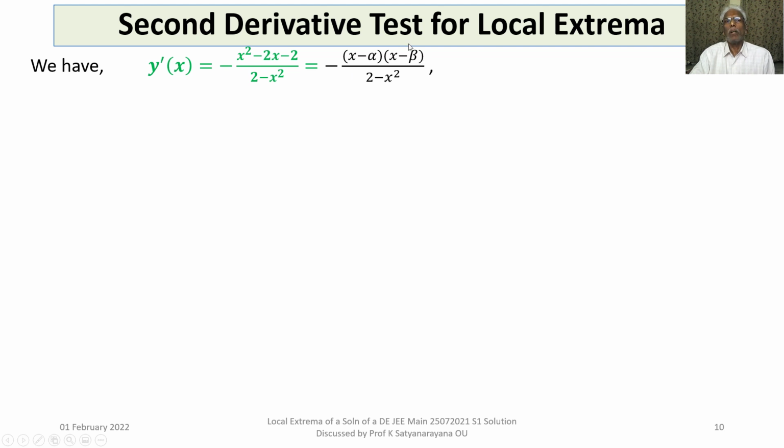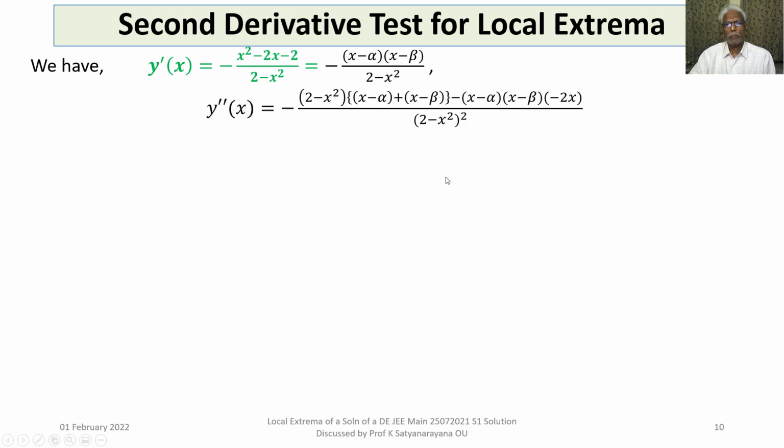It will have an advantage of writing like this, and let's see, y double prime x you compute using the quotient rule, and substitute x is equal to beta, y double prime beta. So the advantage I will show you, 2 minus beta square into beta minus alpha remain, and beta minus beta will be 0. In this, beta minus beta will be 0, all will be 0. So that means it will be an advantage for you.